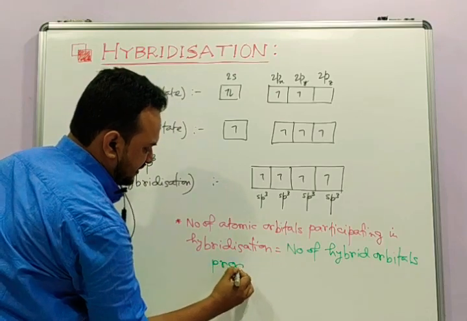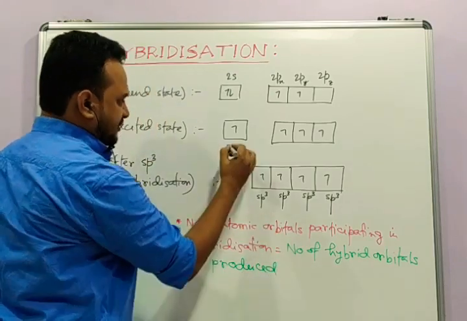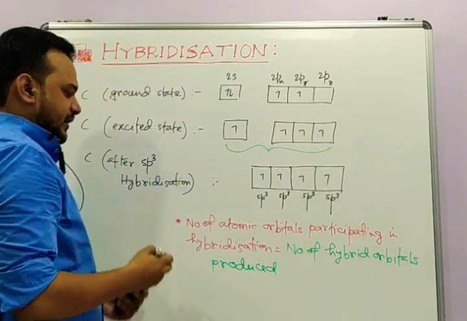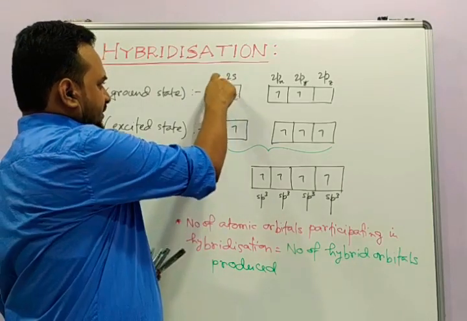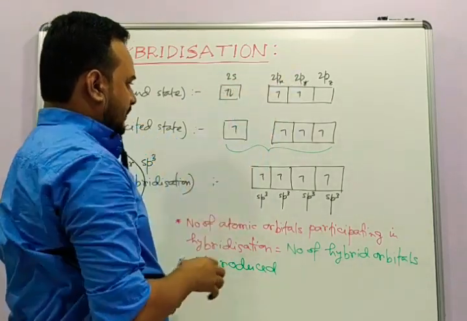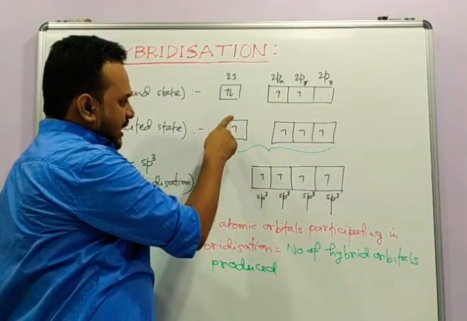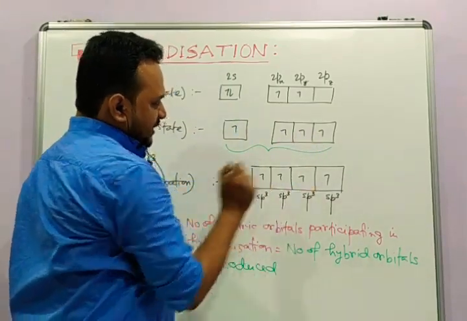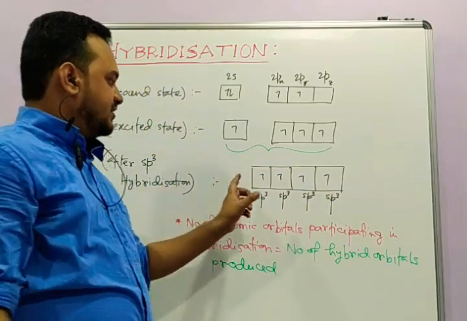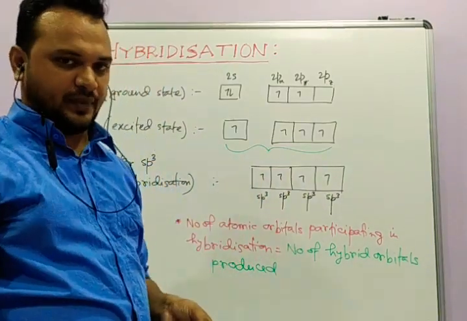You can see here that in the hybridization process there are 4 orbitals. One is the 2s orbital and 3 of the 2p orbitals, they are mixed. So total 4 orbitals are participating. That's why after hybridization we are getting 4 energetically equivalent hybrid orbitals.